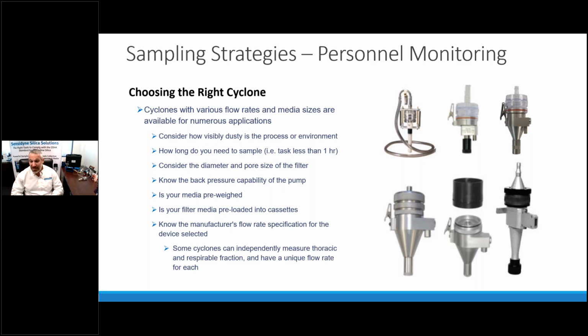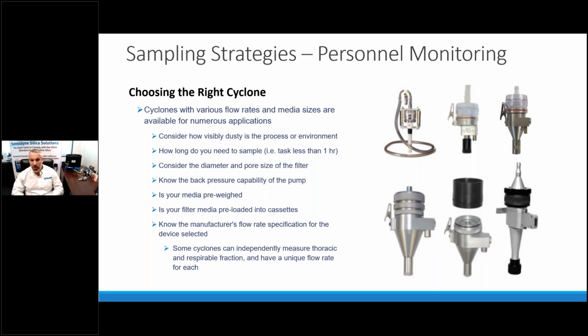If it's a very heavy, dusty environment, collecting with a sampler at a lower flow rate is probably going to be fine. If you're in a very light dust environment, but still want to see if you're meeting the 25 microgram threshold, you would probably want to sample using a higher flow rate cyclone.